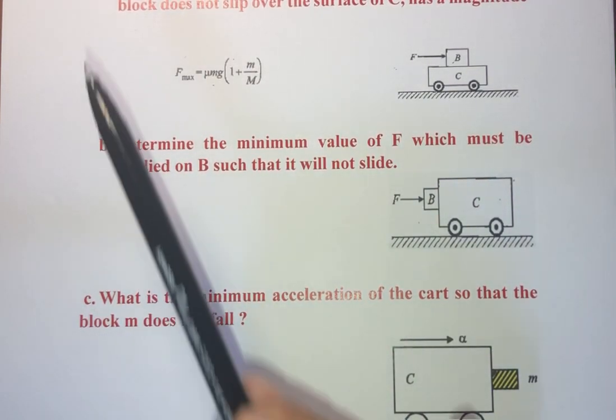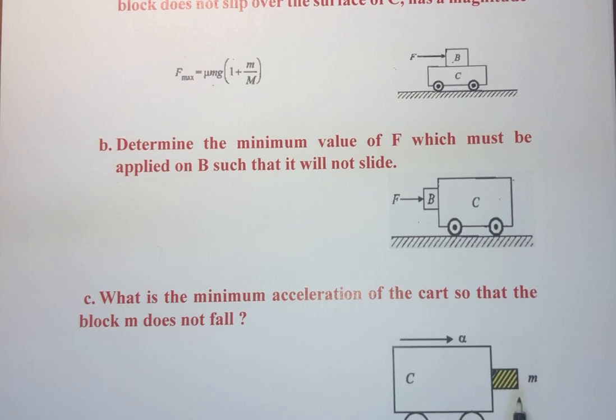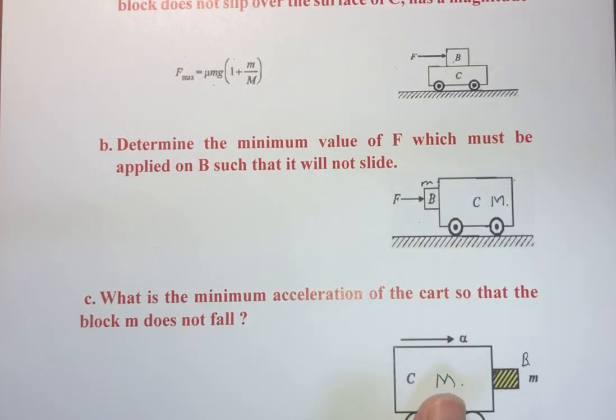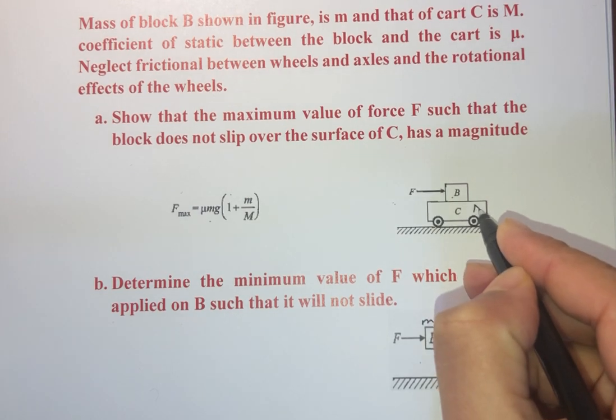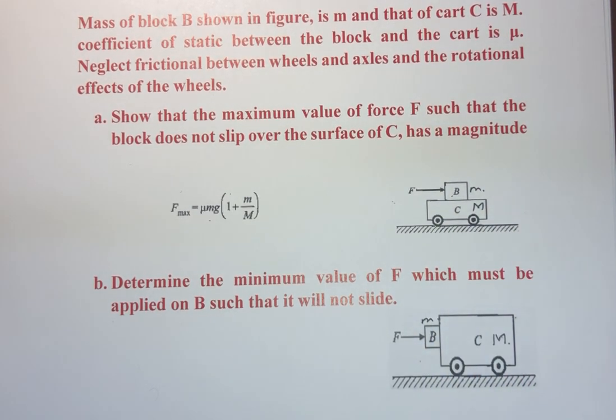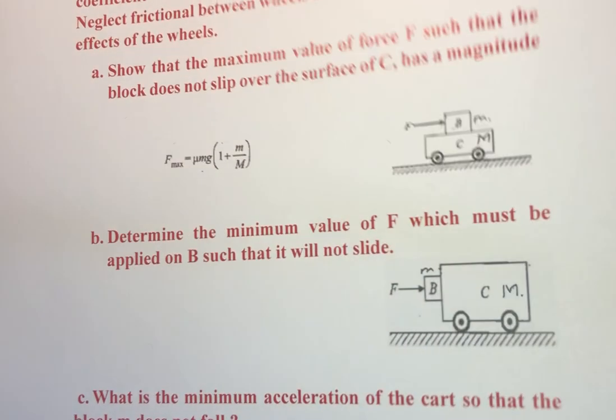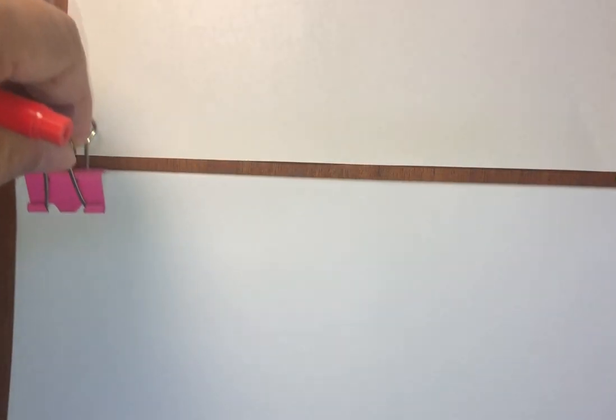Okay, so the same question, have the different configuration of block B. Here this is block B, this is C and having the mass capital M. Same question, have the different position of small block m with respect to C. So first we are going to do the A part.